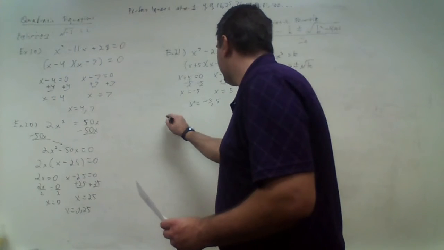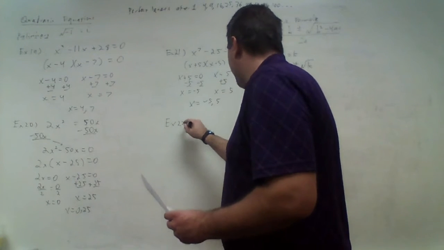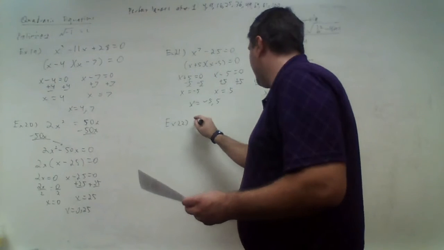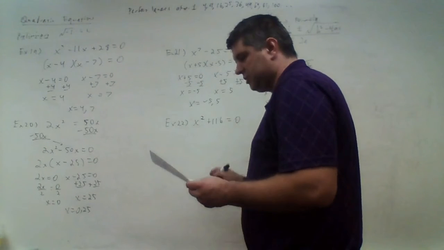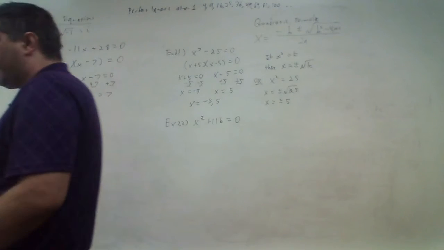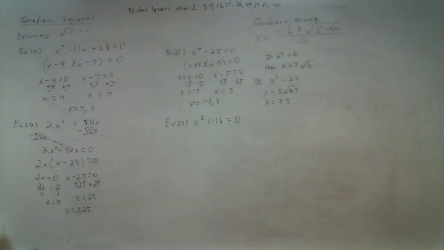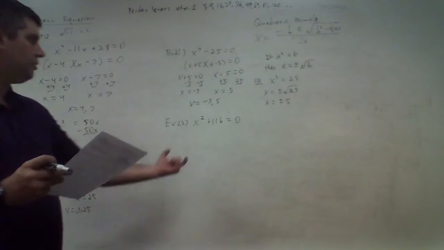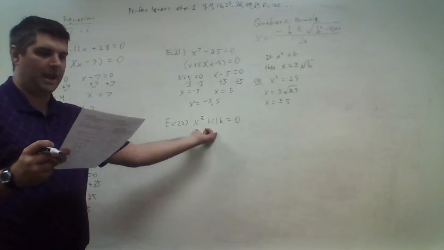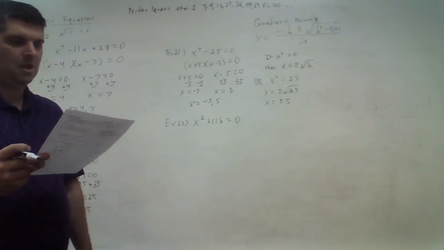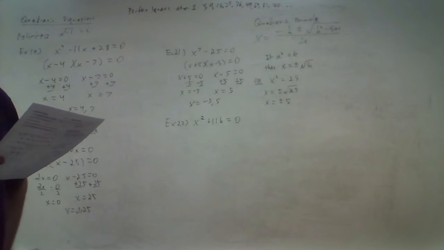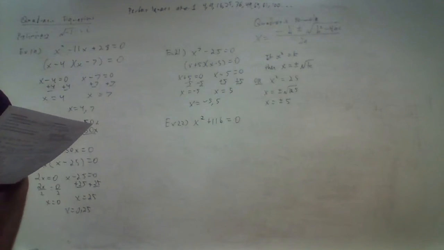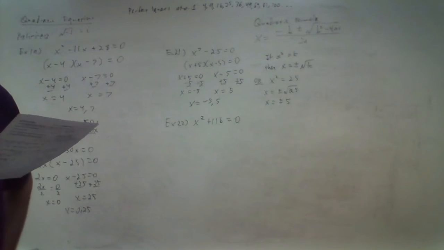But this next example has no alternatives. X squared plus 116 equals 0. So step 2, determine if the quadratic equation is easily factorable. This is not factorable in any way, shape, or form. So step 3, if a non-factorable quadratic side has two terms, which is one quadratic term and a constant, then use the square root property.